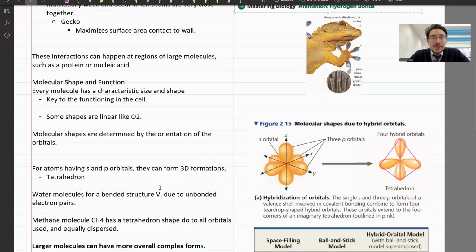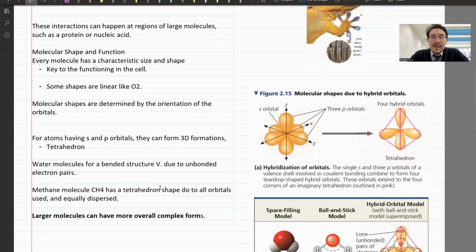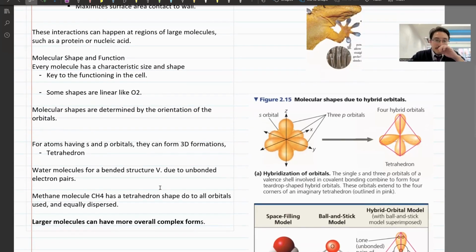So shape is very, very important. Different molecules can have different types of shape depending on their orbitals and their bonding, giving particular 3D structures.